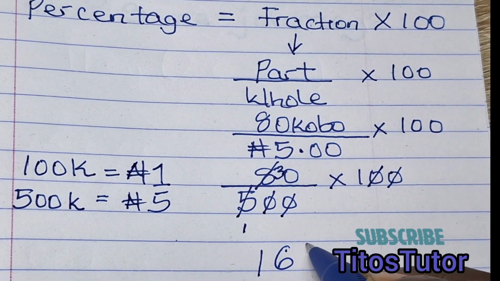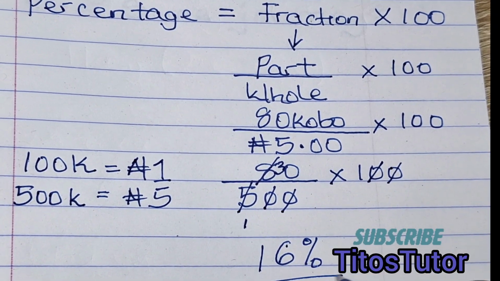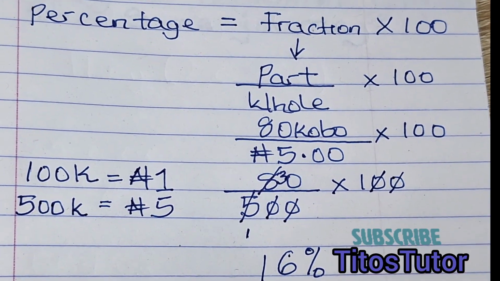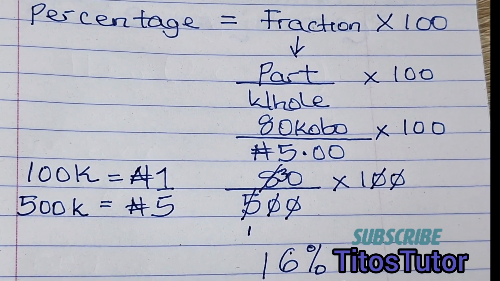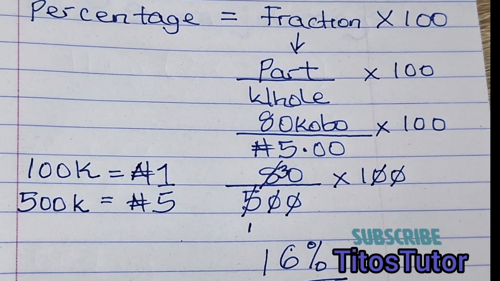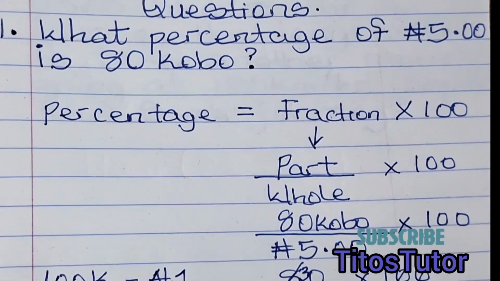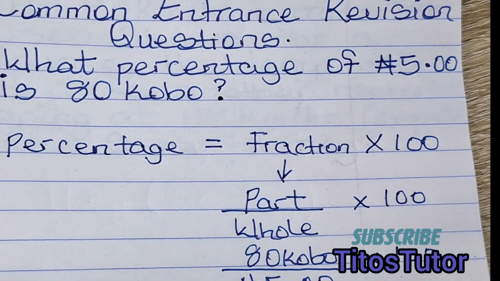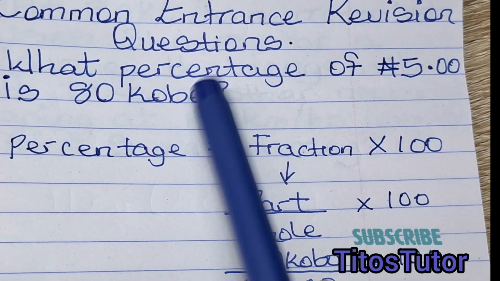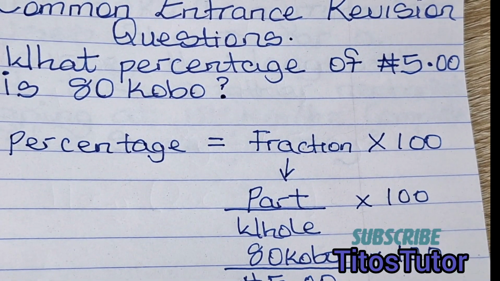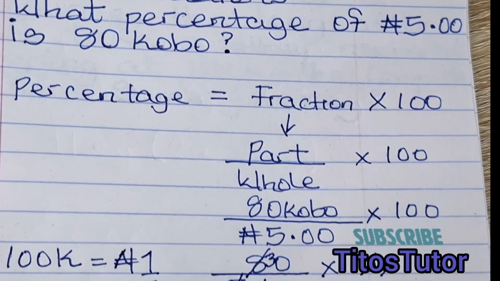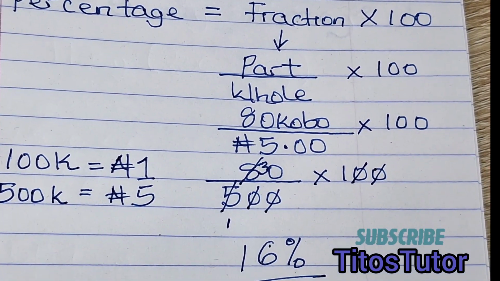So my final answer is 16%. That means 16% of 5 naira is 80 kobo. That's what it means. And you are done.